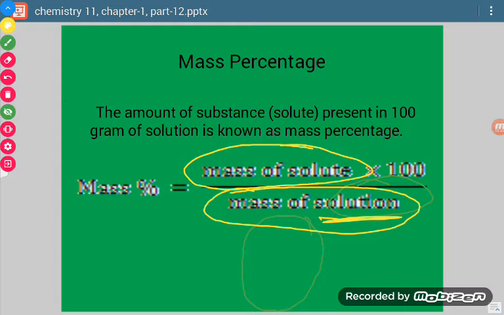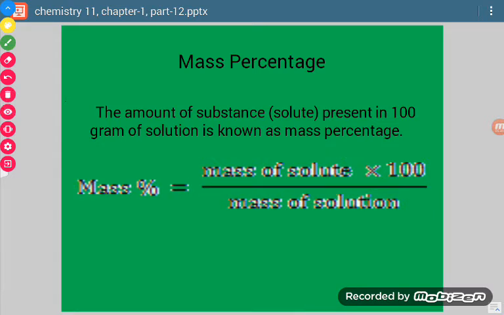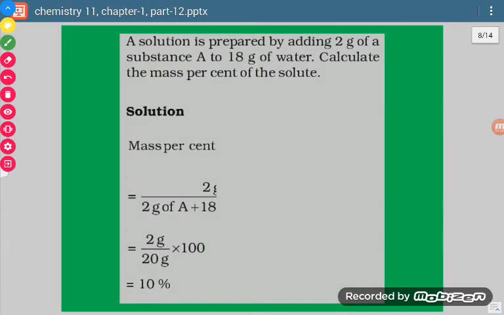As you know, solution is the combination of solute and solvent. So total mass of solution is equal to mass of solute plus mass of solvent. Then we will divide using this formula and mass percentage will be calculated. So this is the first method of calculating mass percentage.